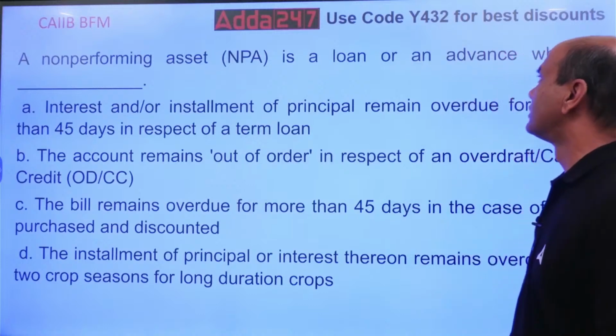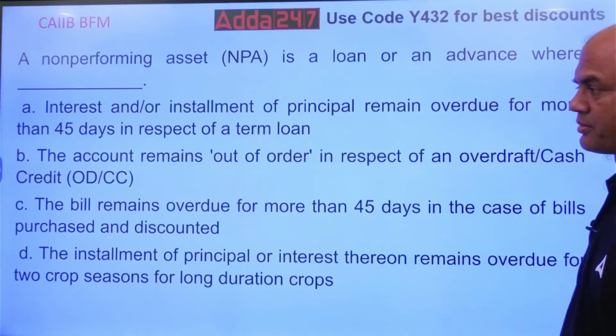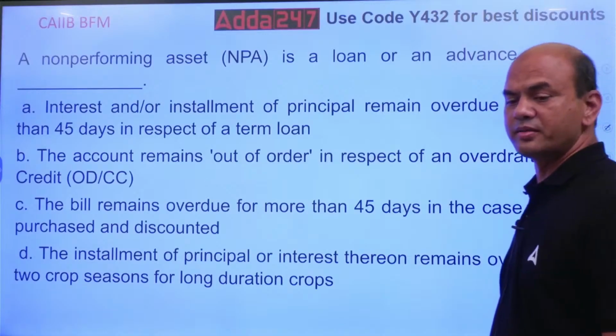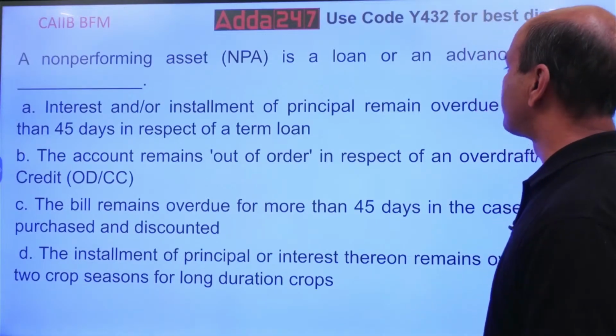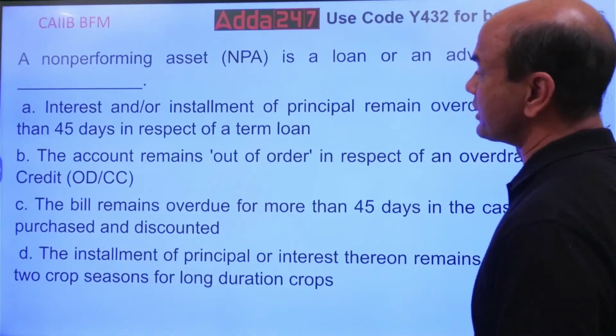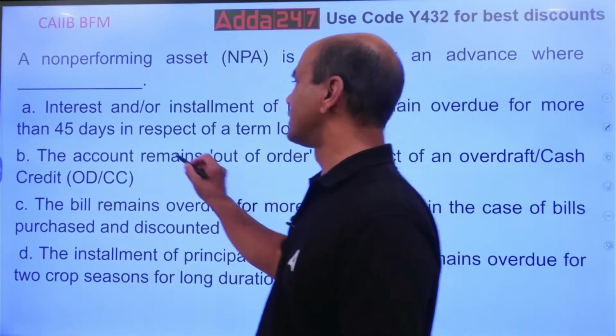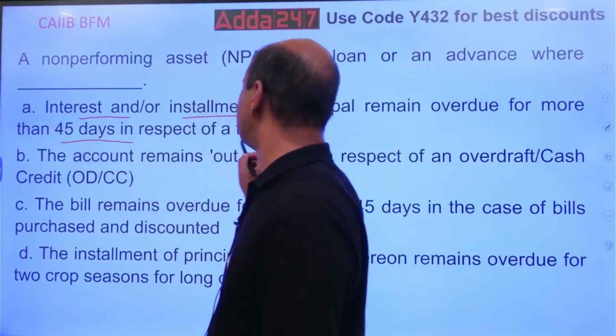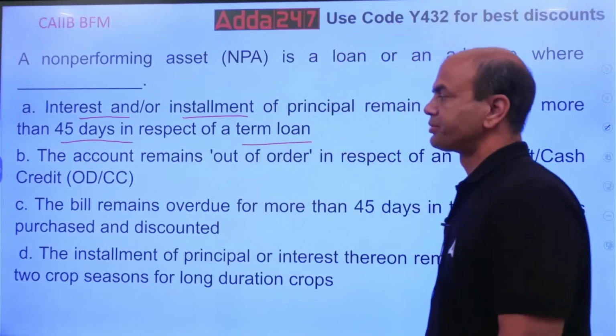NPA is a loan or an advance where, what is an NPA? Interest or installment of the principal remains overdue for more than 45 days in respect of a term loan.